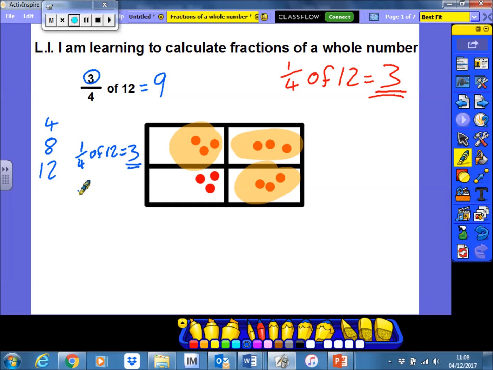So then I can work out that 3/4 of 12 will be 3 times 3, which equals 9. So we can hopefully see how we're working this out. We split it, divide it by the denominator, get our answer, and then times it by whatever the numerator is. Let's look at a different example.